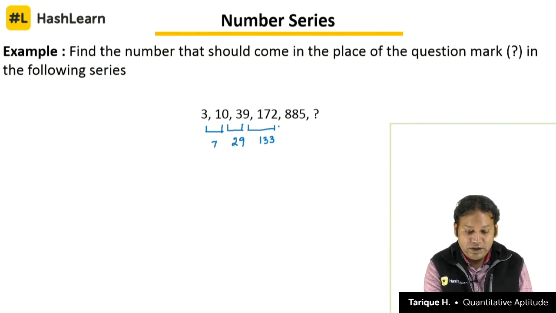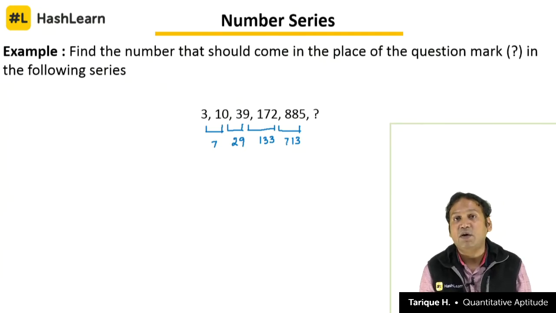And 172 and 885, we get 713. The differences themselves are not in any order.